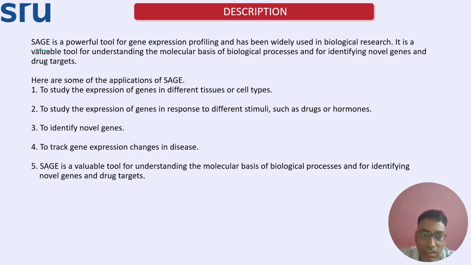SAGE is a very powerful tool for gene expression profiling. This is the keyword. It is a valuable tool for understanding the molecular basis of biological processes, so that we can easily find whether some proteins are produced under these conditions or not, and for identifying novel genes and drug targets.